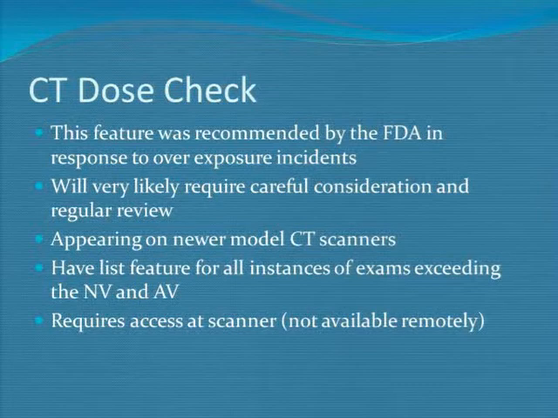The notification value windows are a little bit different between the vendors, but they all have a text field. And what we've done is we've given the text some specific things that we want them to put in that text field. What the interface asks is, give me a reason for bypassing this. If you're going to exceed this notification value, what's the medical reason for this? What's the rationale?